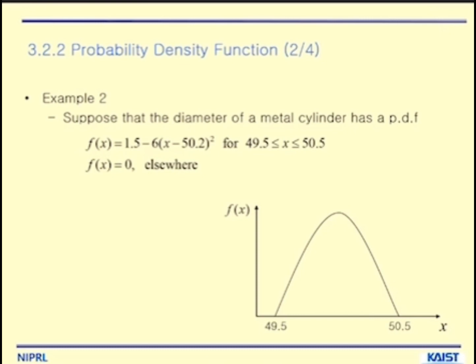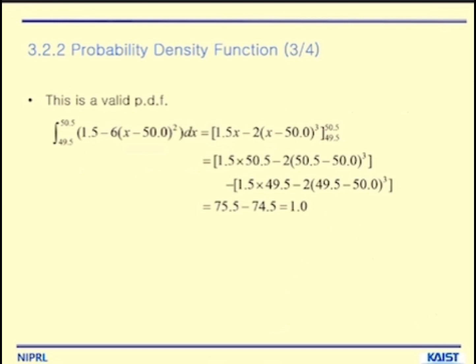Okay. Now, what is the next thing we want to do? Do you know we can investigate this? Let me tell you this. When you are given an f of x, whether a PDF or a PMF, before you can answer questions that have to do with inference on it, that f of x has to be valid.